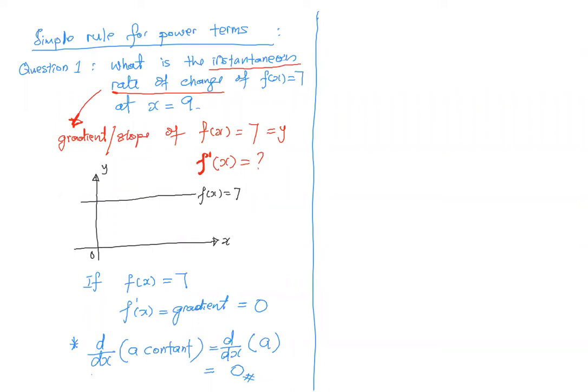A constant doesn't change as x changes. That's why the derivative, which represents the instantaneous rate of change, will be equal to 0. Hello? This is the first thing you have to bear in mind. Everyone, are you clear?